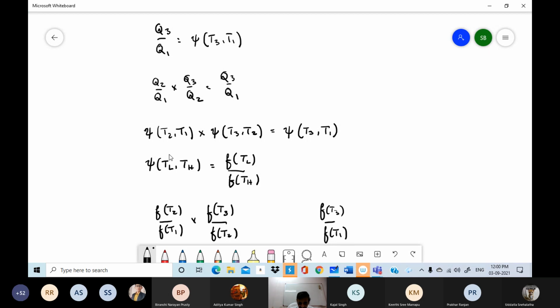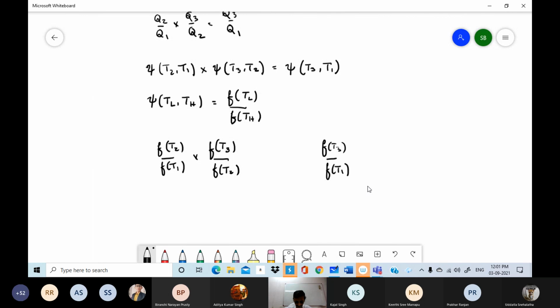So if I assume this is in general valid for any TL and TH, then these functions psi I can substitute in terms of f. So this is what I would have on the left hand side, and this is what I would have on the right hand side. So we can see that if psi(TL, TH) has this form, then it identically satisfies this law, which it should.